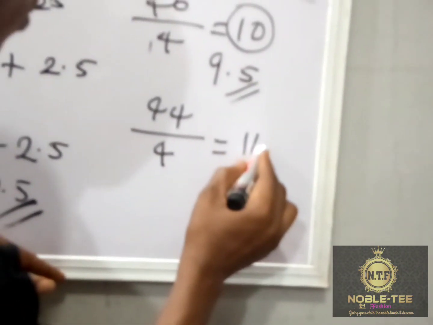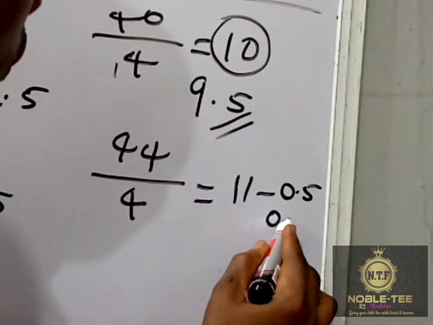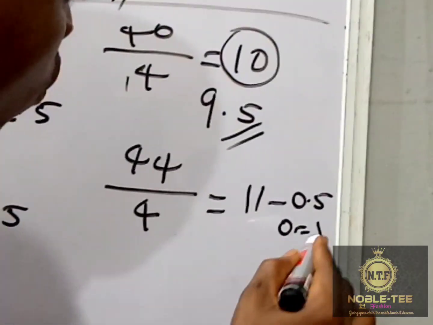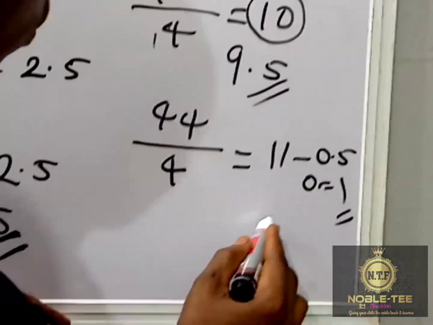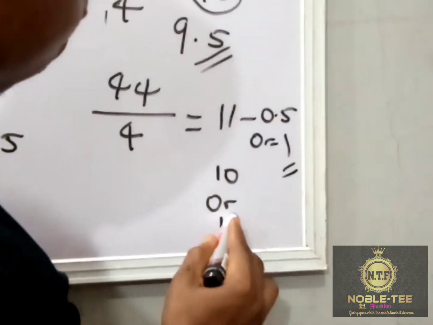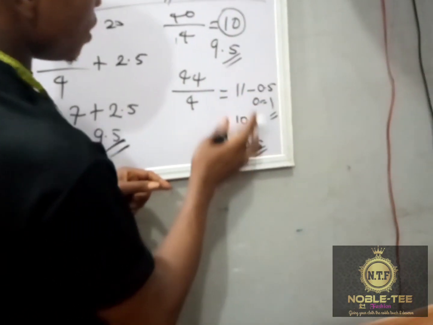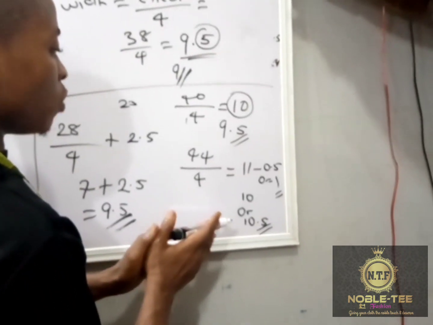With this, you can minus half, 0.5, or minus 1 from it. So you are left with 10 or 10.5, whatever the case may be. So this depends on the person you are making clothes for.